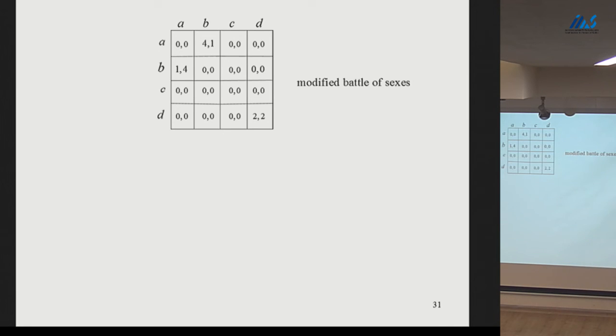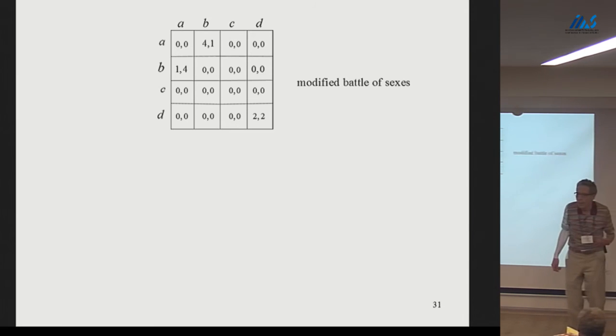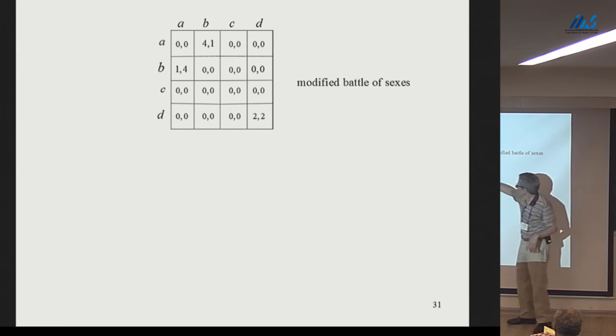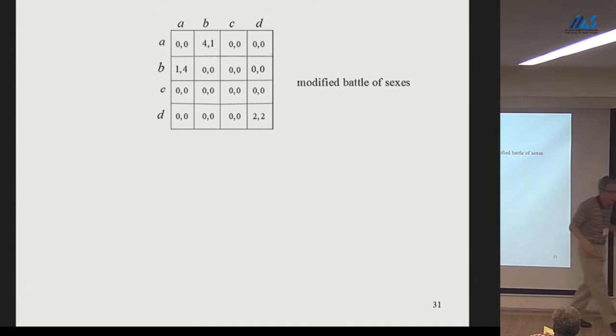But I want to show you that we can construct an evolutionarily stable strategy in which players get less than 5 halves, in particular payoffs of 2.